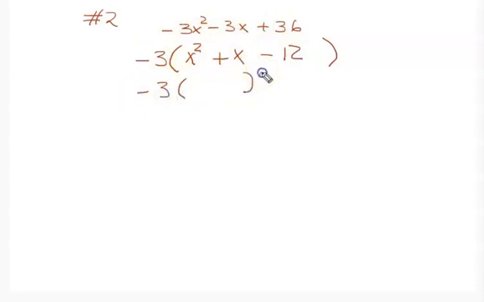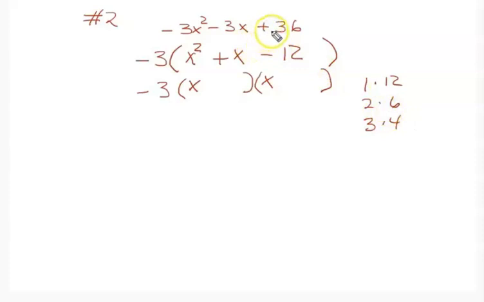We then put 2 sets of parentheses, and since our a term now is a 1, the only possible item we could put in our first position is the x. Now, we're going to go mentally through 12. We go 1 times 12, 2 times 6, 3 times 4.